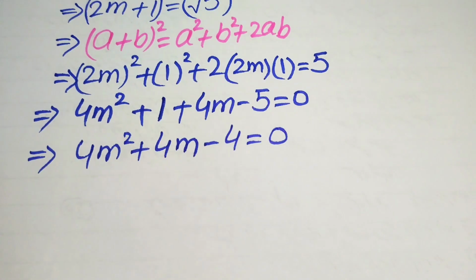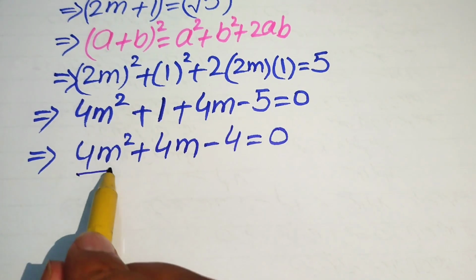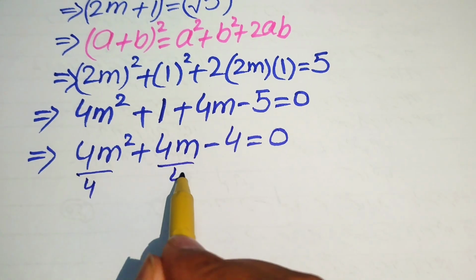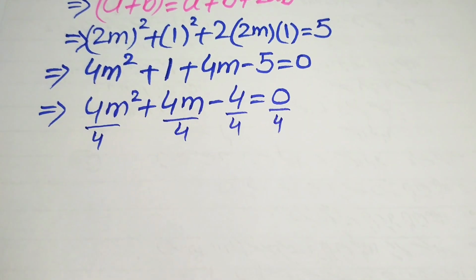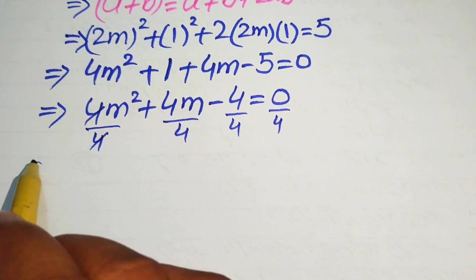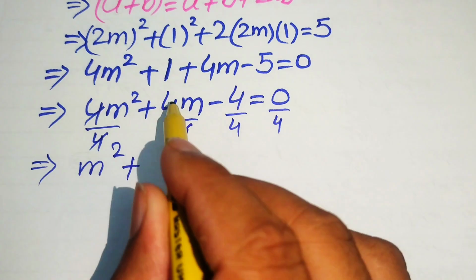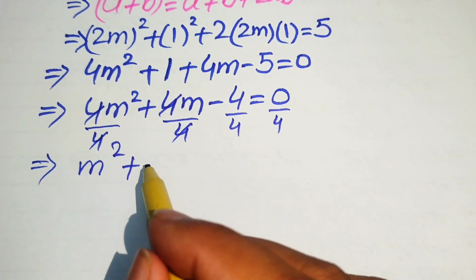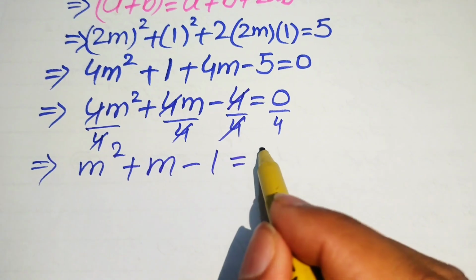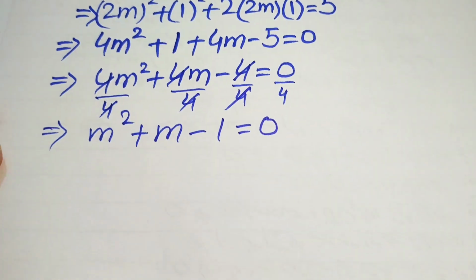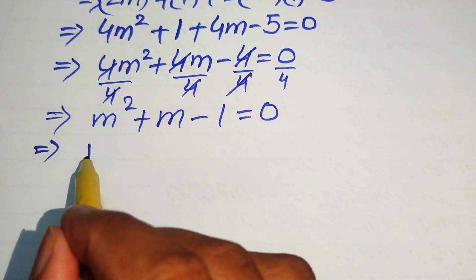You see all the terms include the number 4, so we divide each term by 4 on both sides. So this 4 and 4 are gone, and we get m square plus m minus 1 equals 0.